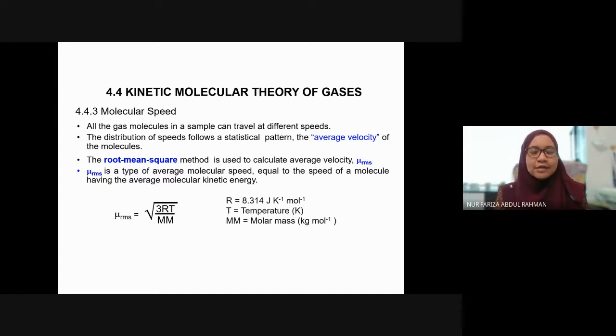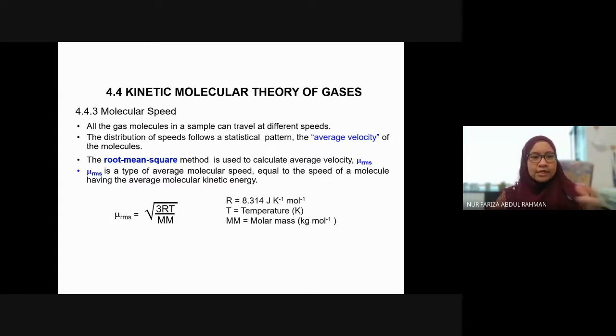That is why speed for gaseous molecules is very important. It plays a role there. So that's why we have to study molecular speed. But it doesn't mean solids and liquids don't move. They have vibration, they have rotation, but it's not as mobile as gas particles.